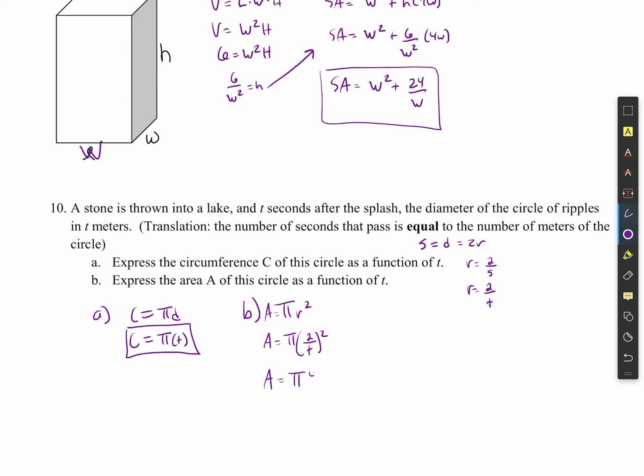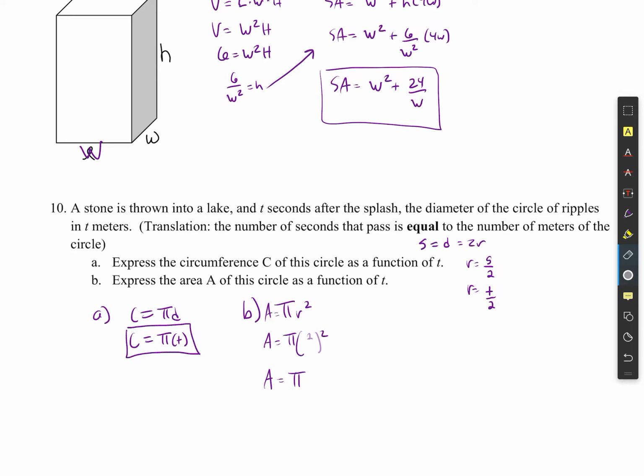Area equals pi times 4 over t squared. Hold on. I knew I'd flip that up. Flipped it up there. So r equals s over 2. Time over 2. I flipped those.